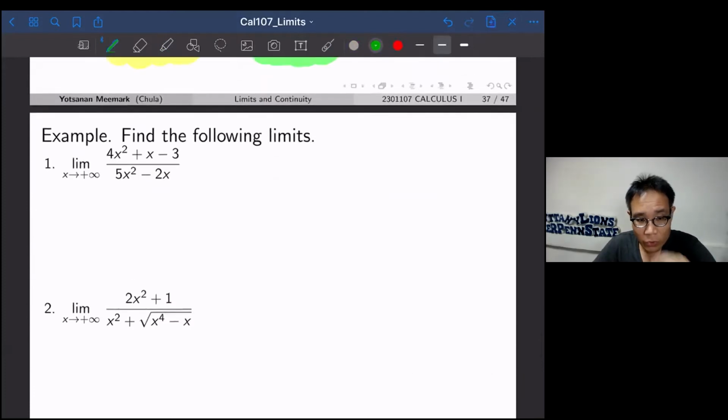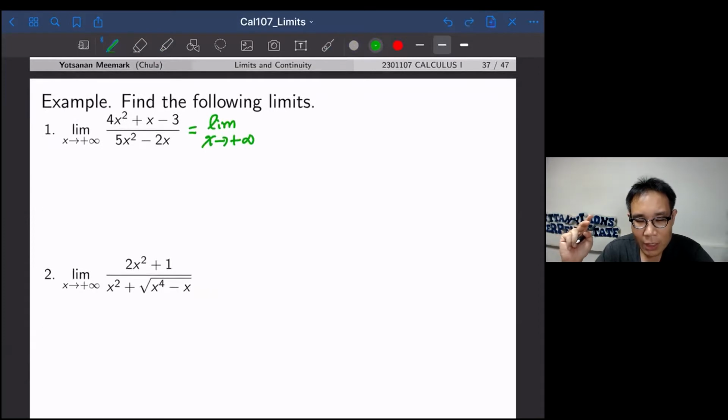Let me show you how to compute the limit as x goes to infinity and negative infinity. The limit as x goes to positive infinity of (4x squared plus x minus 3) over (5x squared minus 2x). You're not going to factor this one as with the previous technique, like factoring or plugging in and simplifying. We're not able to plug in because x equals infinity.